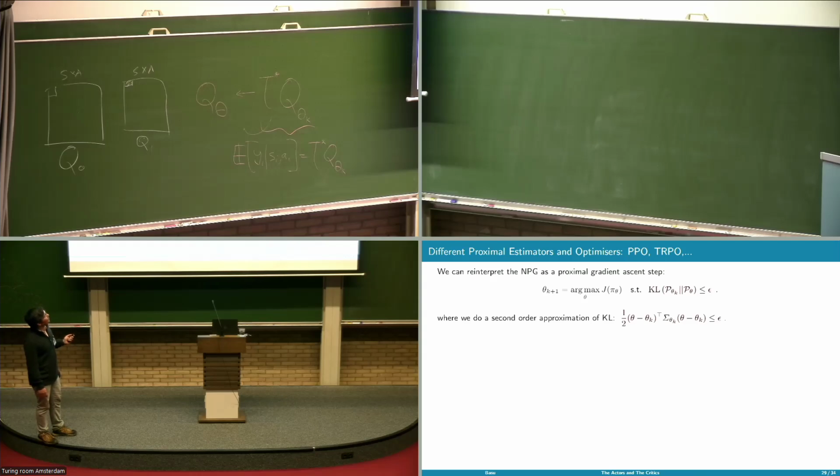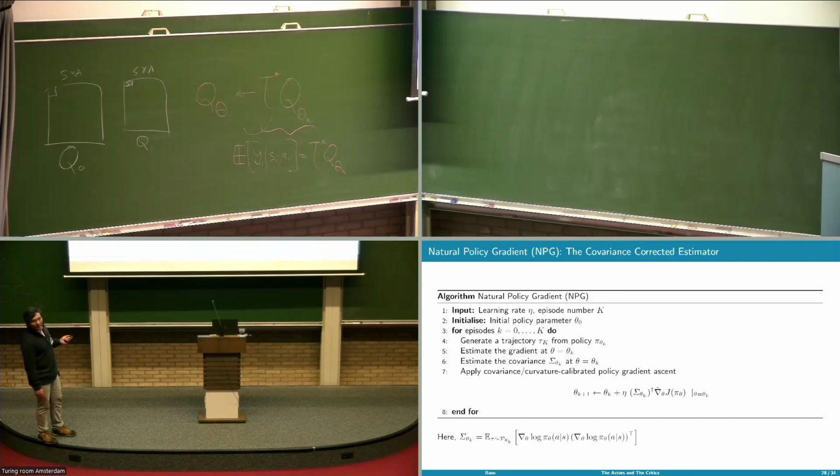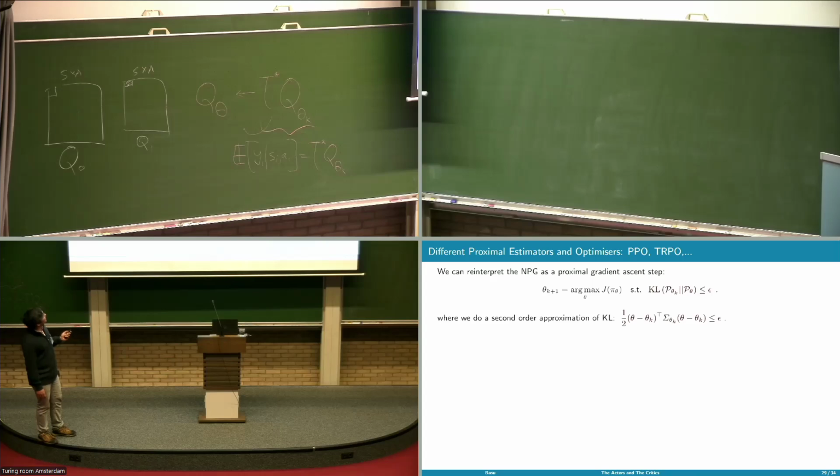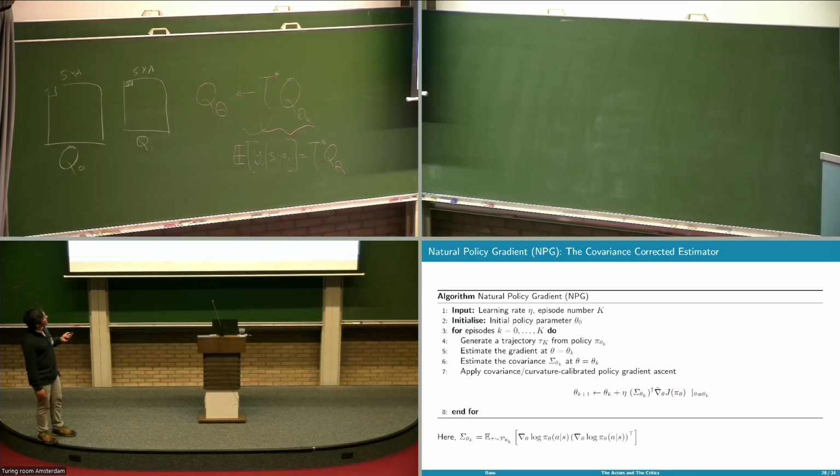Specifically, people often use the second order approximation of the KL, which looks like theta minus theta k transpose sigma at theta k, theta minus theta k. If you put this constraint in a Lagrangian and find the first order step, you find exactly this one. The sigma theta k appears as a pseudo inverse, or an inverse if it is full rank, and then you can keep on updating using this.